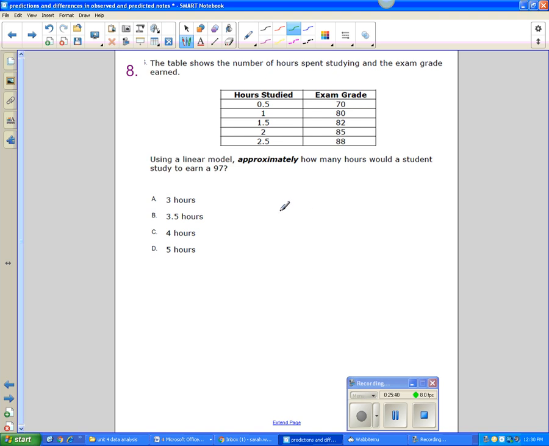Okay, if you're not done yet, hit pause, but I'm getting y equals 8.2x plus 68.7. All right, so I'm going to put that in my y equals.